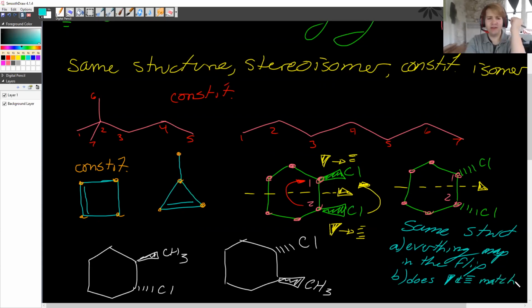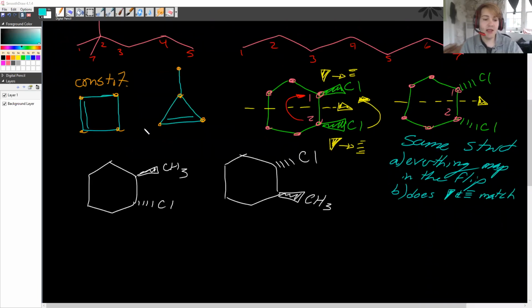So it's kind of two steps to check that we're doing everything correctly. And later on, I'm going to give you a flow chart for how we're going to determine these things. But let's take a look at this other example real quick.